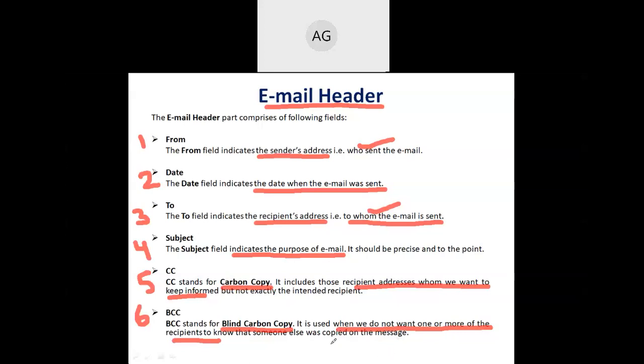That's why it is called BCC, the blind carbon copy. These are the six parts of the email header, so you need to remember them. Do all of you understand it till now? Just write in the chat box so that we can proceed to the next slide.